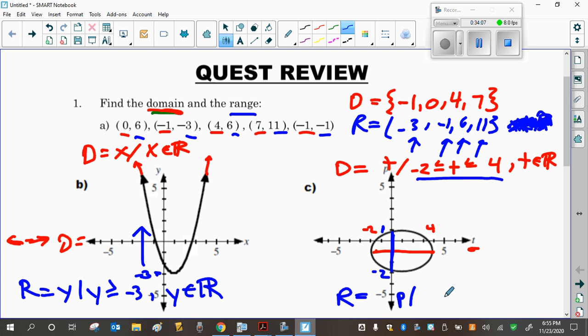So I'll give you 30 seconds to do it exactly the same as the domain. You go from the lowest number to the highest number with less than or equal signs. So between -2 and 1, -2 is less than or equal to p, less than or equal to 1, where p is an element of all real numbers. This means all the numbers in the whole world between -2 and 1. That's how we say that in math.